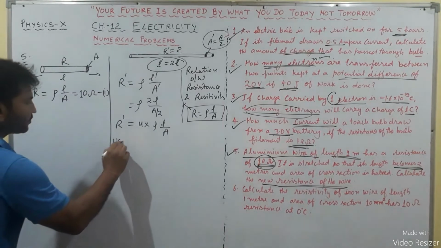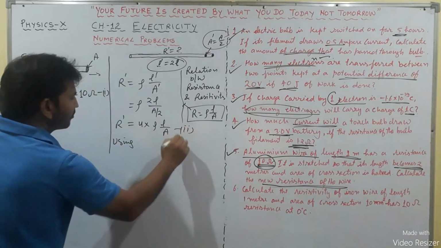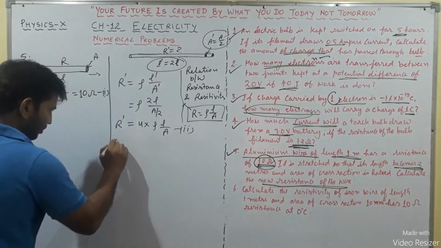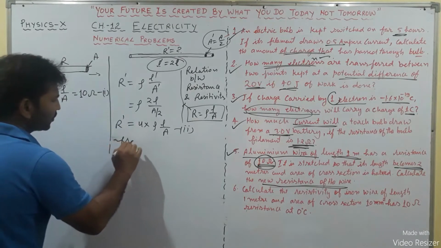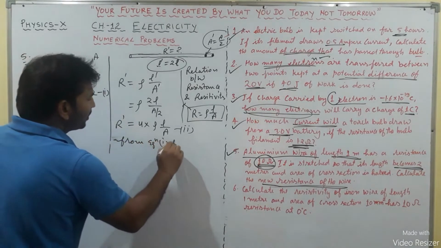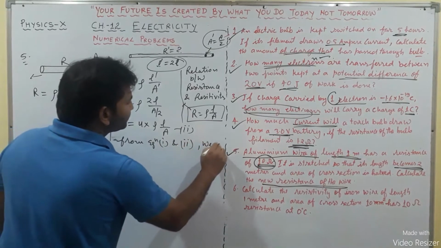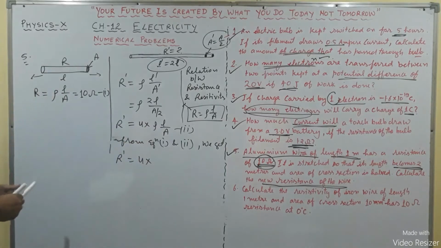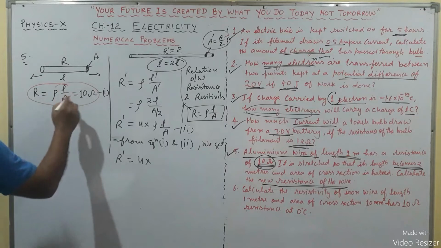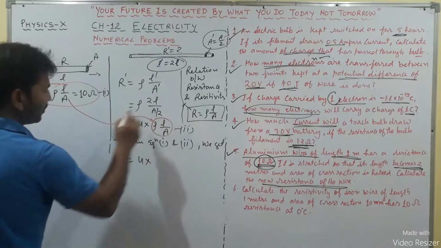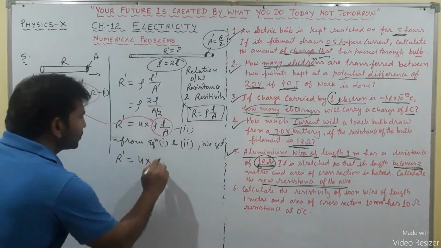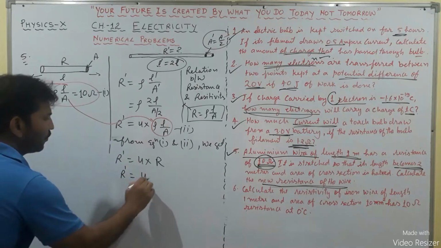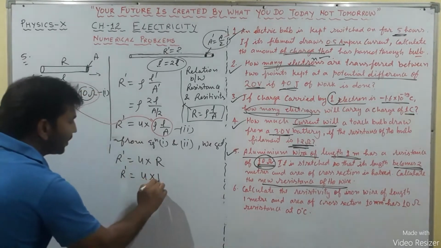So from equation 1 and 2, we get R dash is equal to 4 into R, and R is equal to 10.